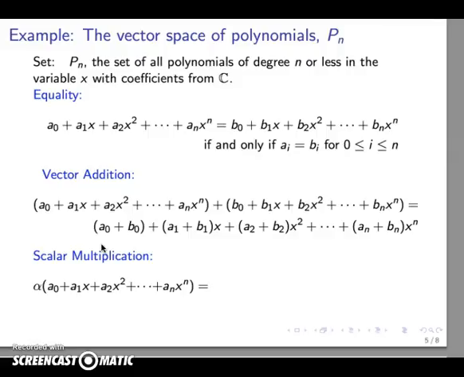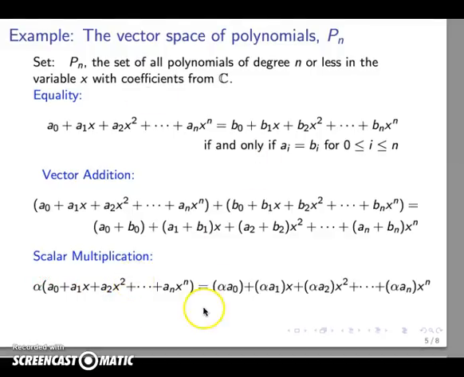If we are multiplying scalar alpha times an arbitrary member of P sub n, then because of properties of complex numbers, or because of properties of the scalars that you may be using, right? This scalar multiplication is nothing other than distributivity across addition. So you end up with something that looks like this, where this is now the new coefficient.